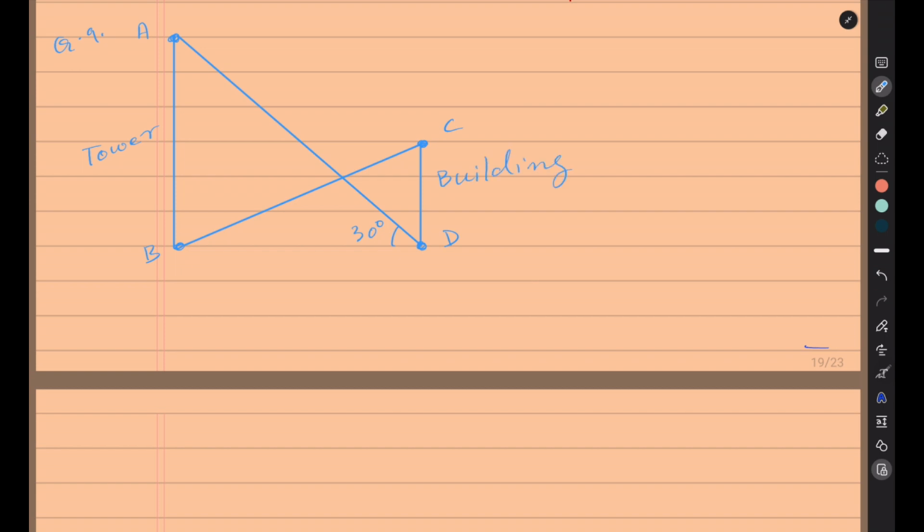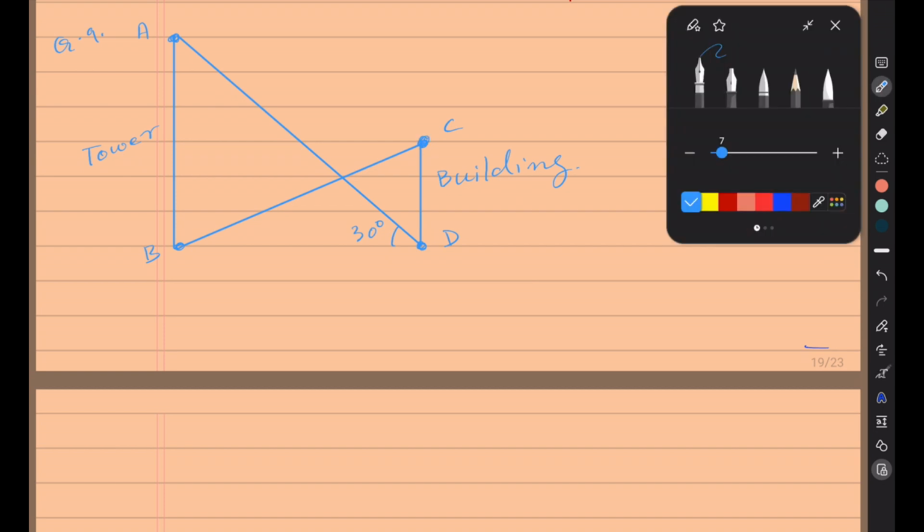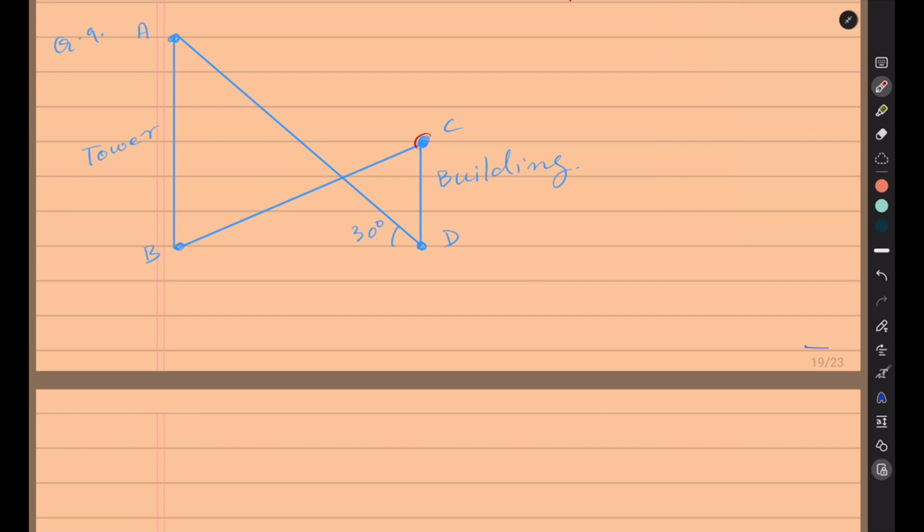But after doing that, we will again see if it makes sense. So I will read the question again. The angle of elevation of the top of the building from the foot of the tower is 30 degrees.